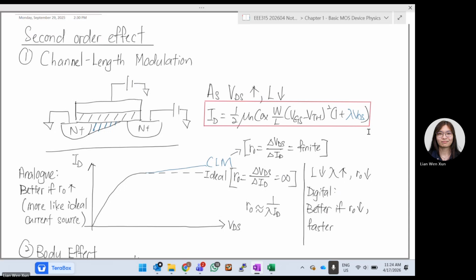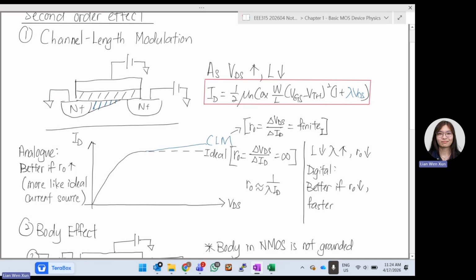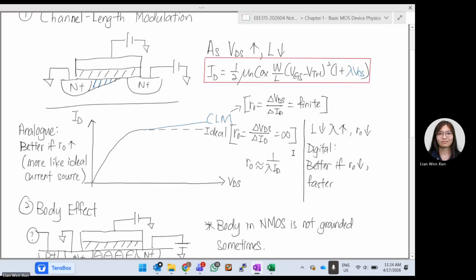So we add one more term so that we can tune back to the really correct one. It is because when VDS increases, length decreases. That's why we need to add this. So ideally, change of VDS divided by change of ID is supposed to be infinity, because this line is a straight line. But now we have a finite value.